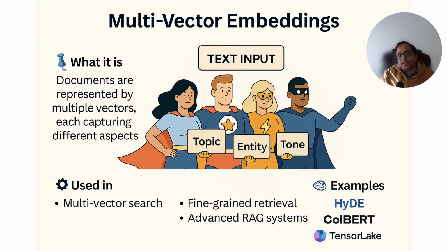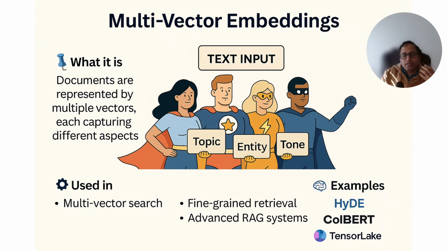Unlike a dense or sparse embedding that gives you a single vector per input, a multi-vector embedding produces multiple vectors, each one capturing a different aspect of the document. Think of it like a team of superheroes, each specializing in unique skills. One captures a topic, another captures entities, a third handles tone, and so on.